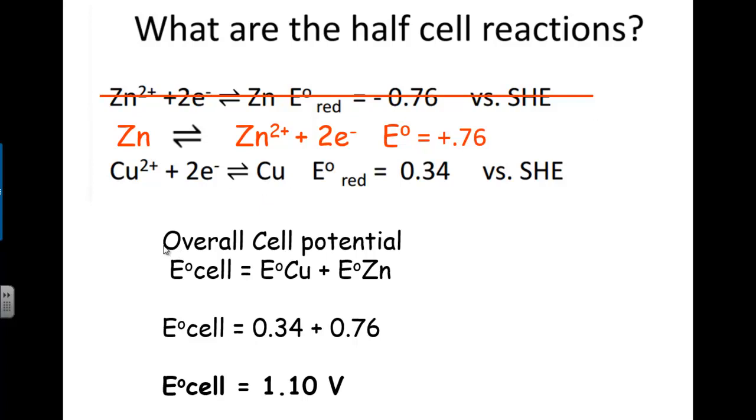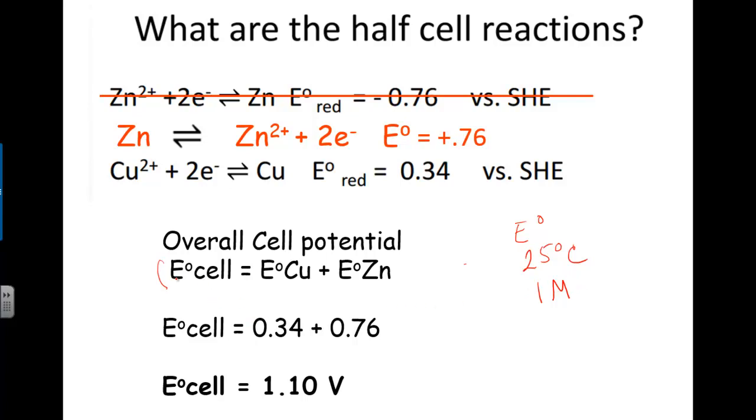And then in order to get the overall cell potential, what I have to do is add them together. So I'm going to add the E naught, and E naught here means standard conditions, okay? Remember from earlier, that's 25 degrees C, and in the case of an electrochemical cell, we're talking about 1 molar solutions of the ionic compounds that are in each of the individual compartments of the cell.